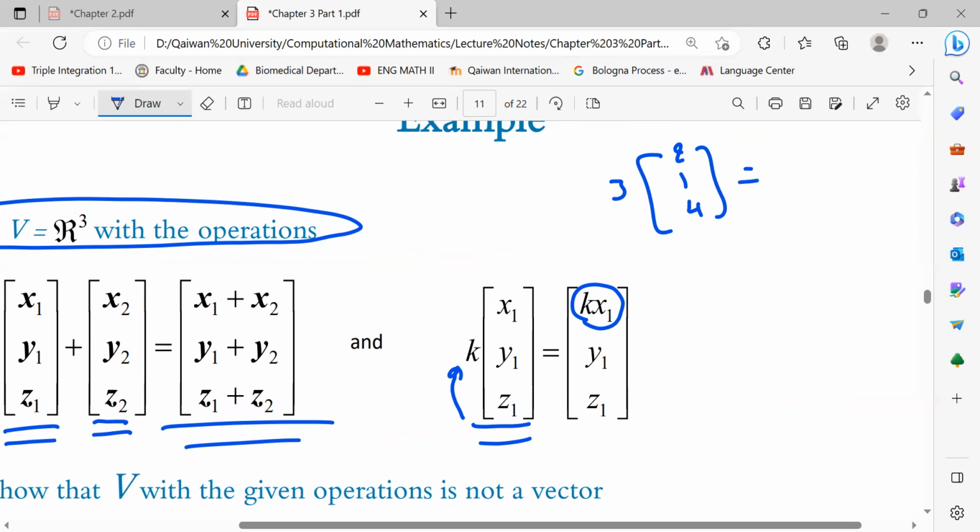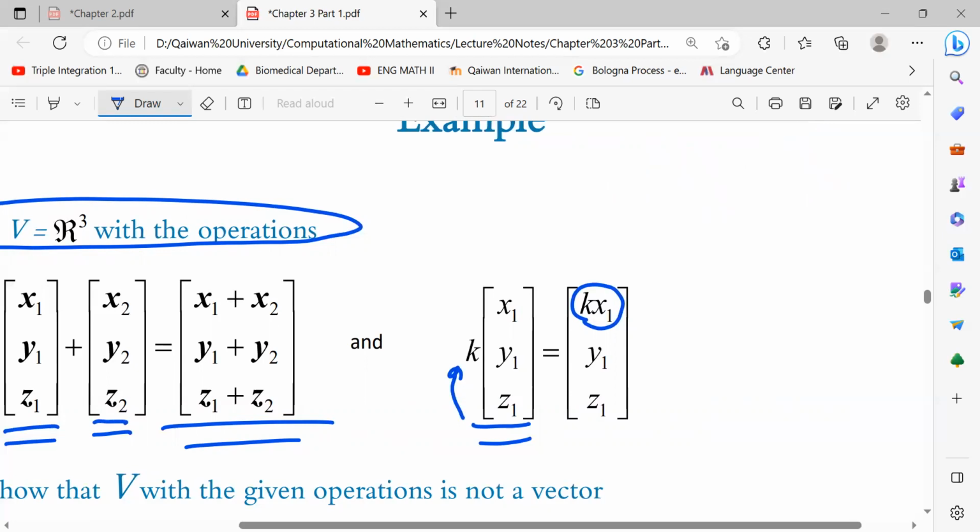It's the definition. If this definition were not given, we would multiply by all of them. But the definition is given. It says we just multiply the top one. What do we get here? (6, 1, 4). We just multiplied by the first one, which is on the top. Okay?